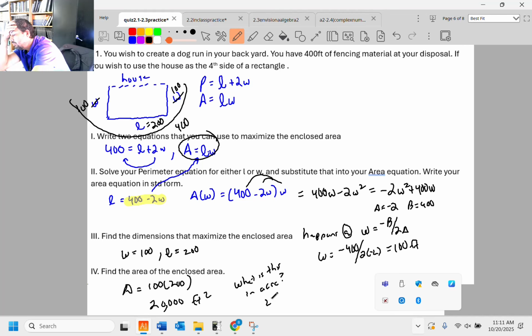We take our 20,000 square feet and divide it by 43,560. I'm just going to grab my calculator and push some buttons. Yeah, it's a little under half an acre. I got 0.46 acres.